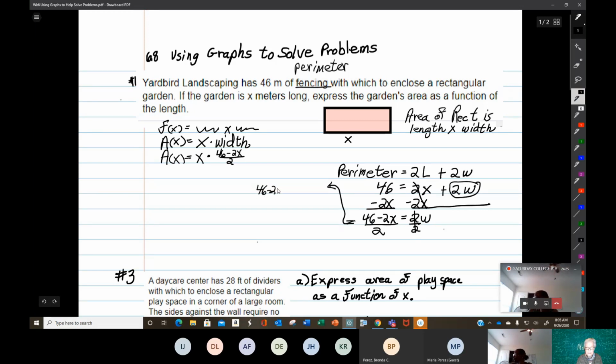46 minus 2x over 2 is going to be 2 times 23 minus x over 2. Now our 2's can cancel, leaving us with 23.